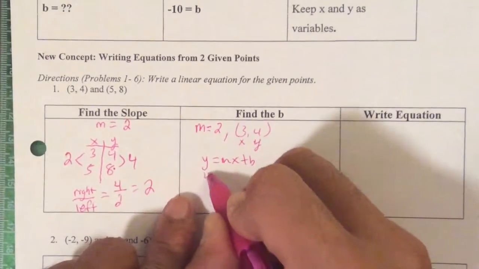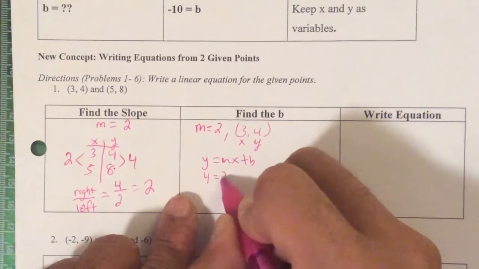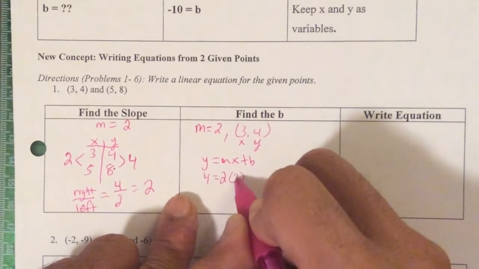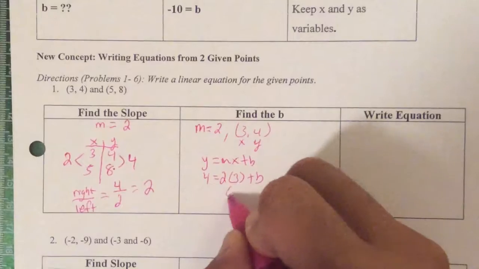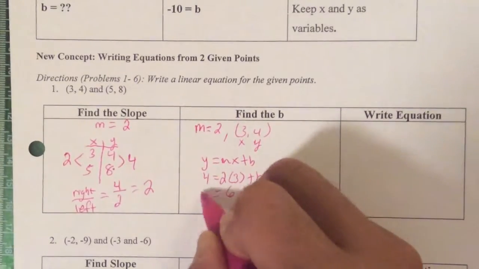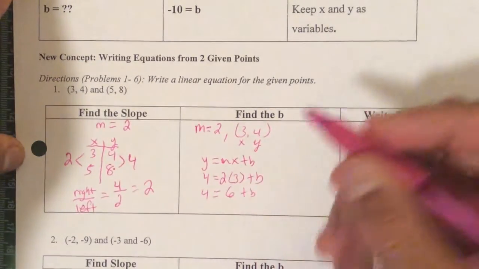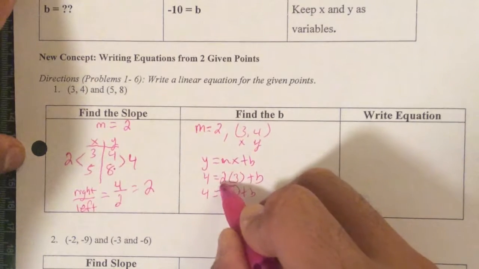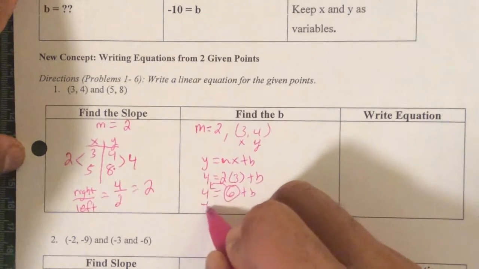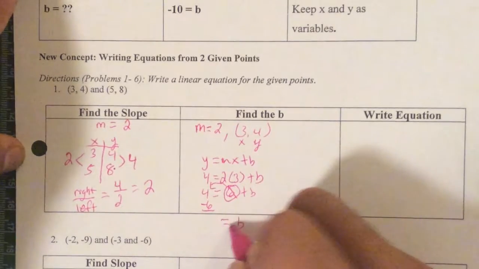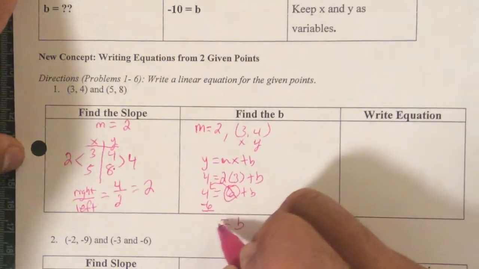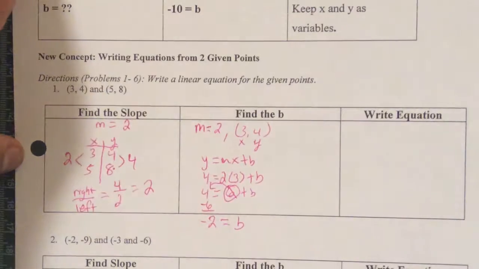So your y is 4 equals your m, which is 2, times your x, which is 3, plus b. Now 2 times 3 is 6. Bring down your plus b equals 4. And then you got to jailbreak the 6 to the other side, which becomes a minus 6. So I'm left with b equals 4 minus 6, which is negative 2.